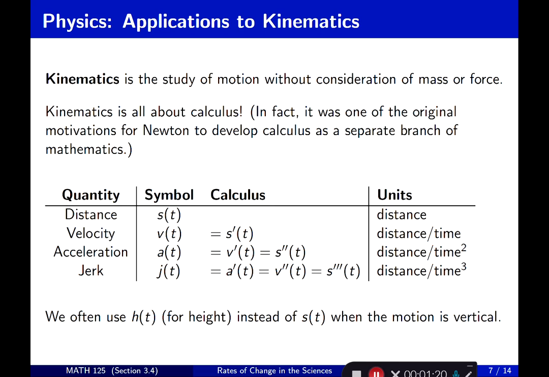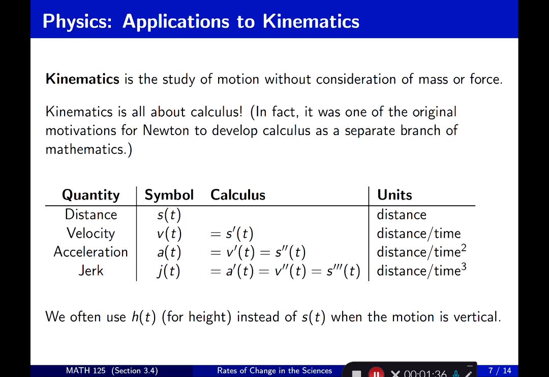So the first derivative of velocity, the second derivative of distance, is the acceleration. Jerk is the first derivative of acceleration, second derivative of velocity, third derivative of distance.